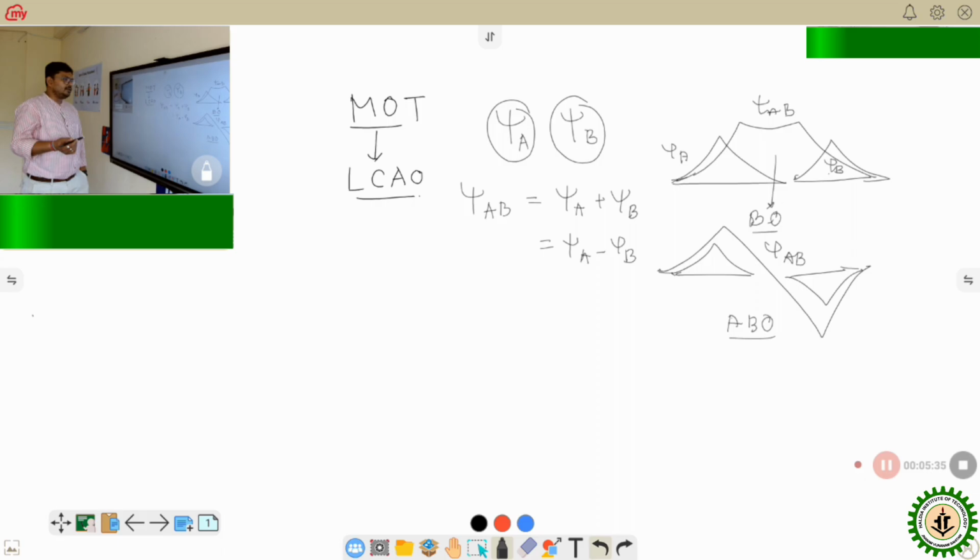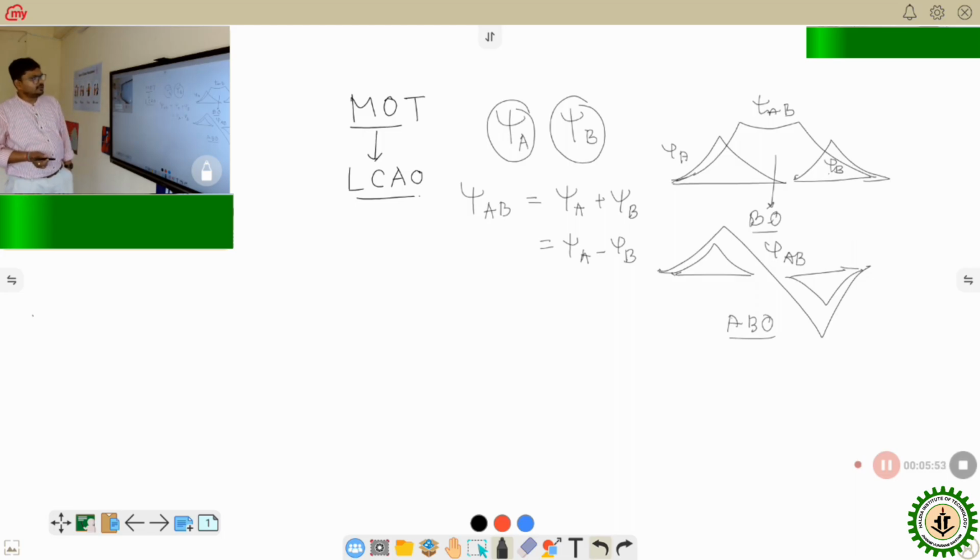But there are other types of molecular orbitals, like non-bonding molecular orbitals. That means the atomic orbitals are not going to linearly combine; they are inert during the formation of the molecular orbitals.